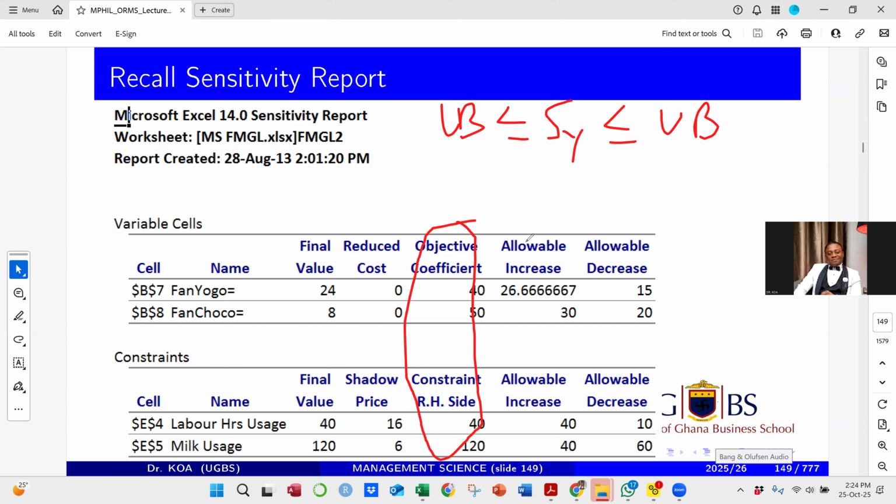So I want you to calculate the sensitivity range for Fine Yogo. What is the sensitivity range for Fine Yogo?